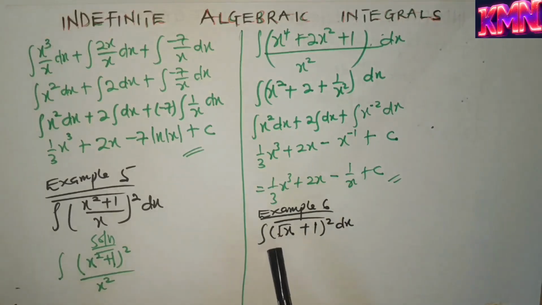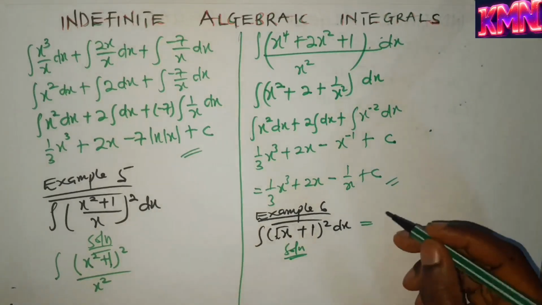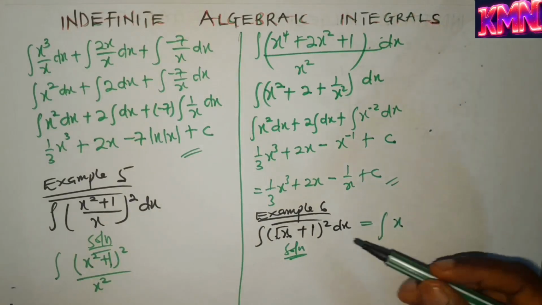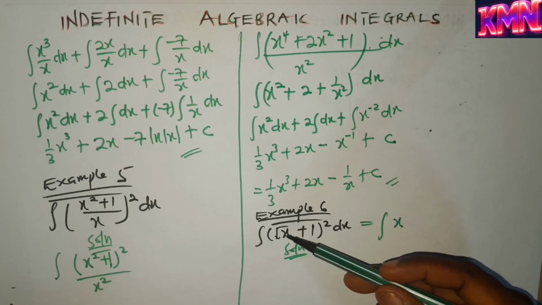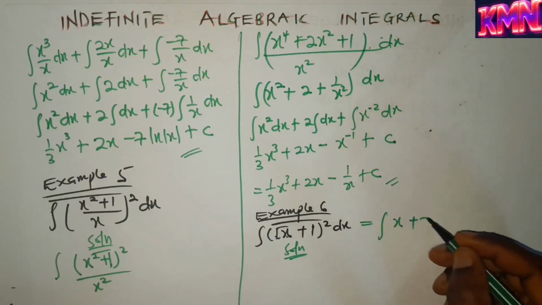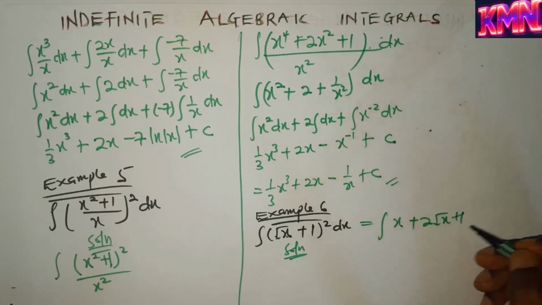They say we should evaluate the integral of root x plus 1 all squared. So as usual, we need to expand this. Expanding, we need to square this, and that is x, plus 2 times the product of this and that, which gives us 2 root x, plus 1 squared, that is still 1, dx.